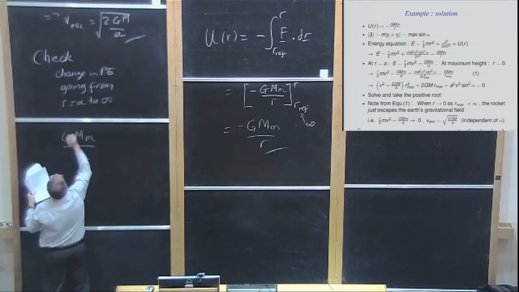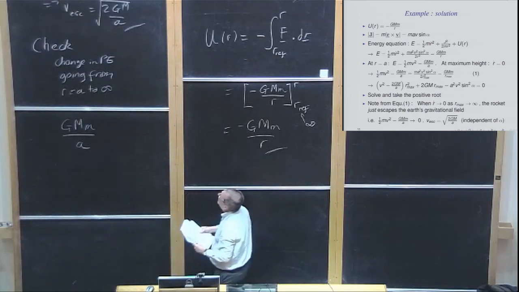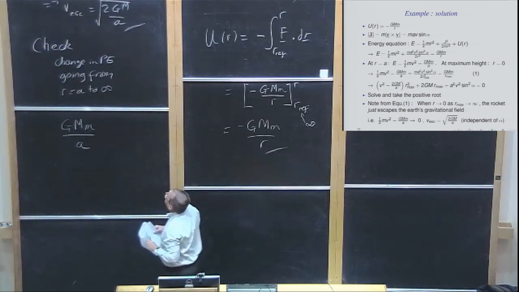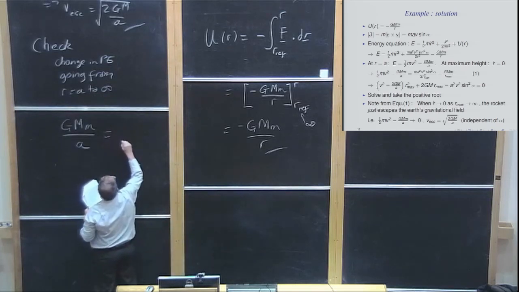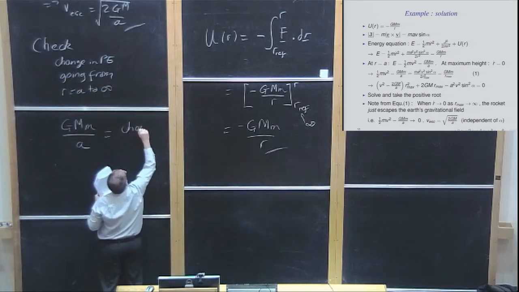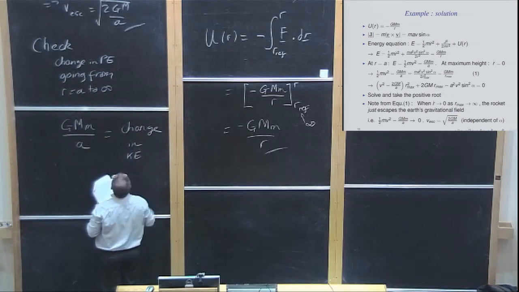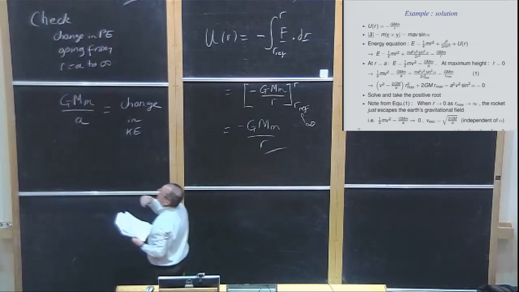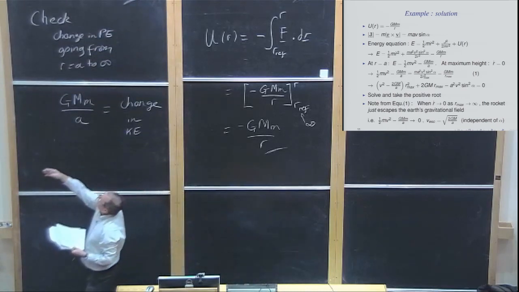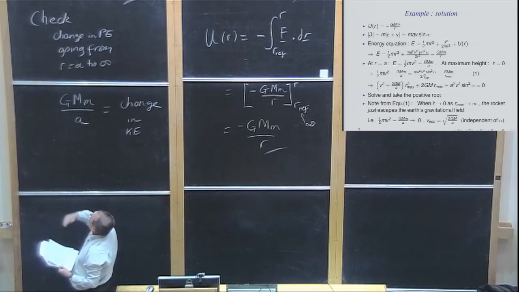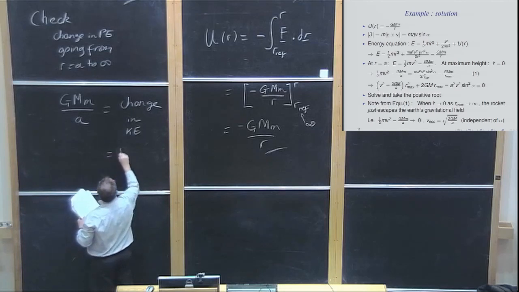So I'm writing the change, but I'm just interested in the magnitude of this quantity. Then I can equate this to a change in kinetic energy. So if I start the object with a certain velocity, a certain kinetic energy, by the time it gets to infinity, all that kinetic energy will have disappeared and it will be turned into potential energy.